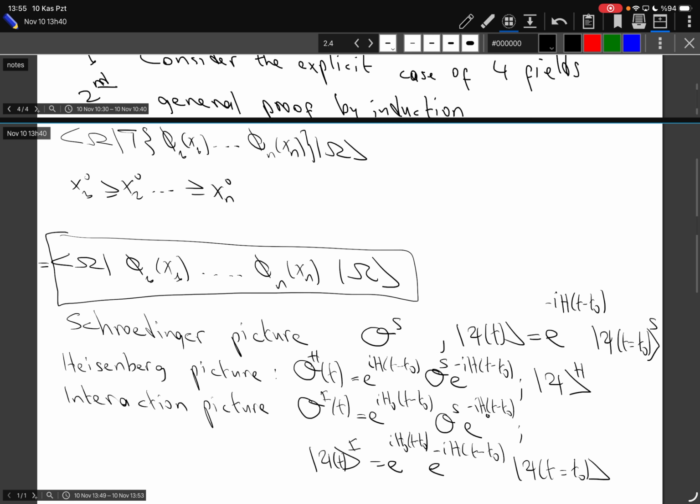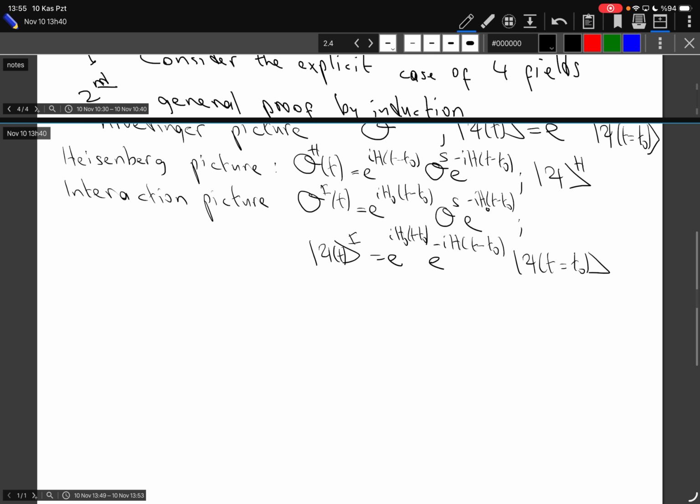So for example, here in this matrix element, we are already in the Heisenberg picture, because I have all these operators at different times. The Schrödinger picture computation would basically be this one.